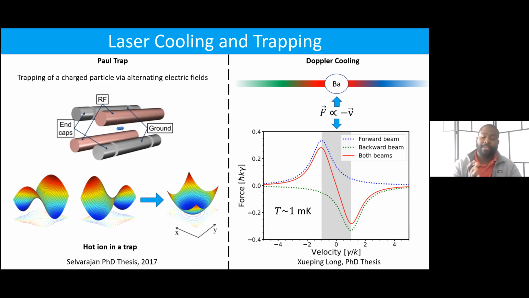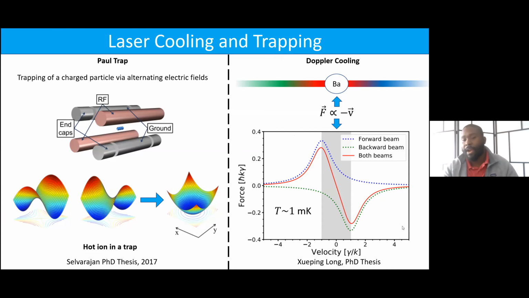You make the frequency of your laser less than what you need to make a transition between electron states. And if the atom is moving towards the light, in the atom's frame of reference, the light looks resonant, so you can absorb a photon that gives you a momentum kick in the opposite direction of the velocity. And if you average this process over many cycles where the photons that are absorbed are emitted through spontaneous emission, you have a process that extracts energy away from your atom. So you can cool it down.